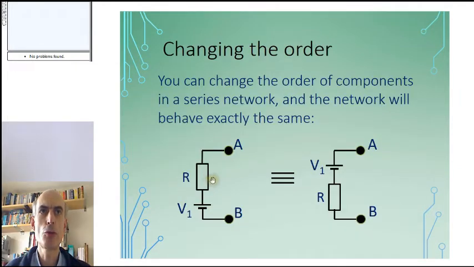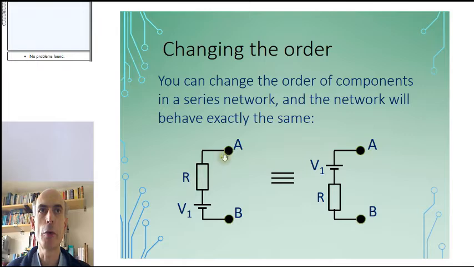Finally, we have to note that if you have 2 components like this in series, you can swap the order of them and the rest of the circuit behaves exactly the same. One of the quickest ways to convince yourself that that is true is to consider what the Thevenin equivalent network of each of these sources is. In both cases, the open circuit voltage will be just V1.